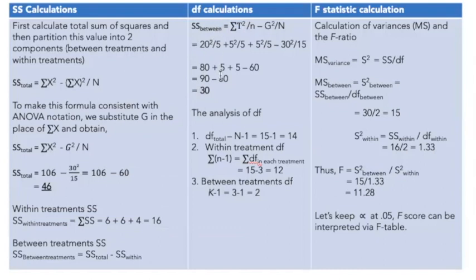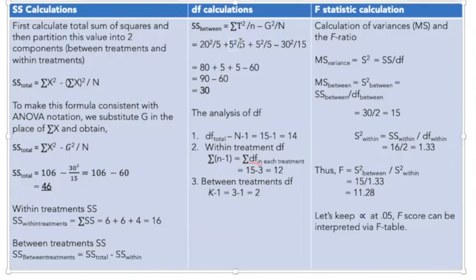That's the first group. And then second group, you have T that is 5, so 5 squared divided by 5, and 5 squared divided by 5. Because you need to have the sigma of all of that. So this is us calculating the sum of squares between. So sum of squares between is calculated like this.